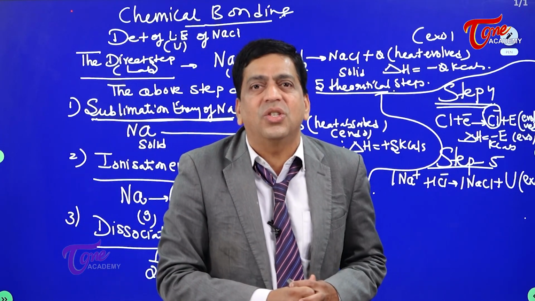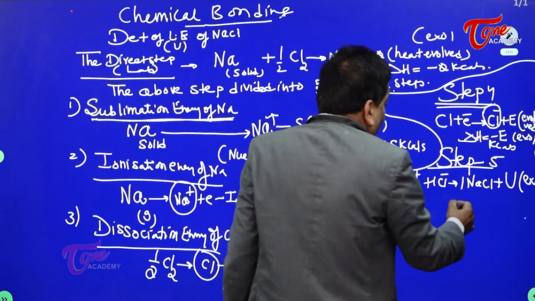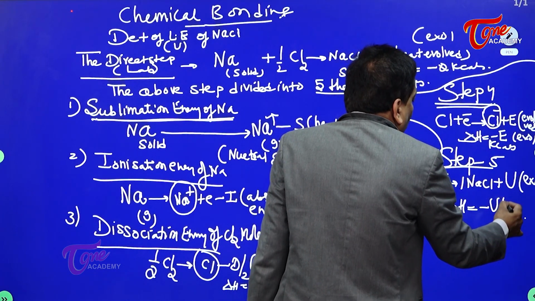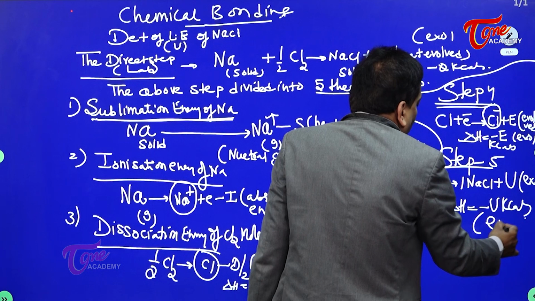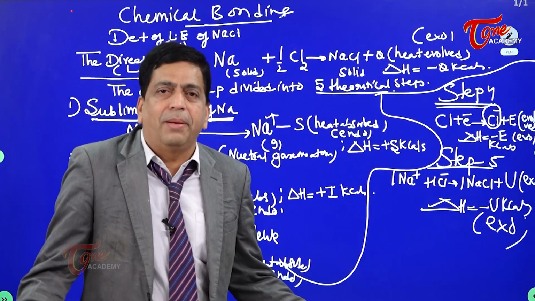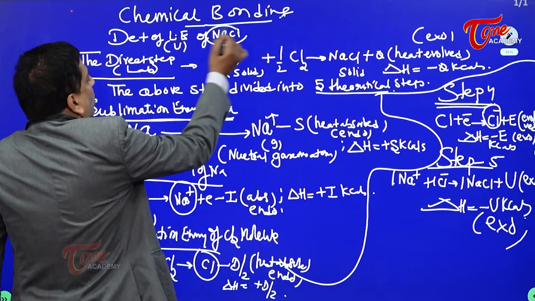And if you wanted to write it outside, then delta H is minus U kilocalories, and this is exothermic. Right? So what we are doing basically is determining the lattice energy of NaCl.